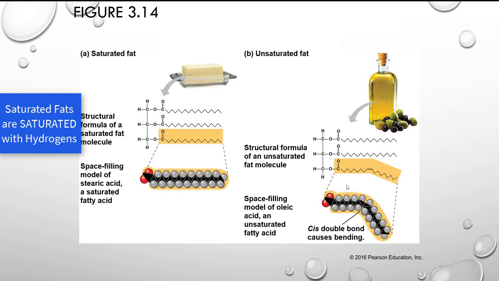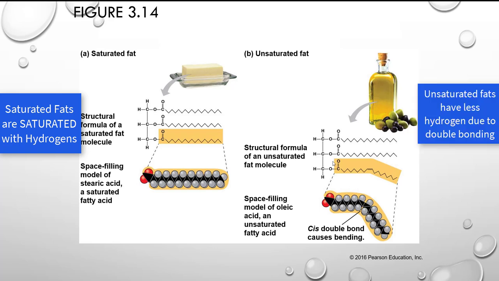An unsaturated fat is where we lose hydrogens because we have the carbons double bonding together. And since they're sharing two sets of electrons, they don't need that extra hydrogen to bond to. And so that creates a little kink in the chain, if you see here. And because of that kink in the chain, you can see there's more space between the fatty acids.